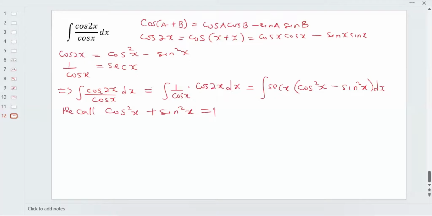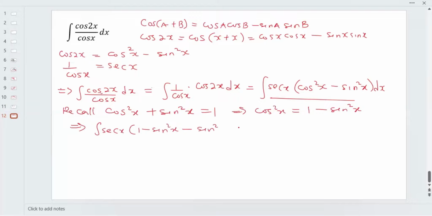I'm going to substitute that back, and I'm going to have the integral of sec x into 1 minus sin squared x minus sin squared x dx. Simplifying further, this gives us sec x into 1 minus 2 sin squared x dx.